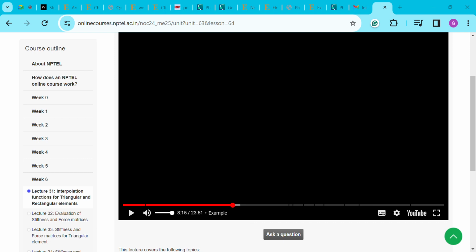Something like this. We should write x2 y3 minus x3 y2 for the first term. The second one would be y3 minus y2, minus of. How do you directly write this thing?